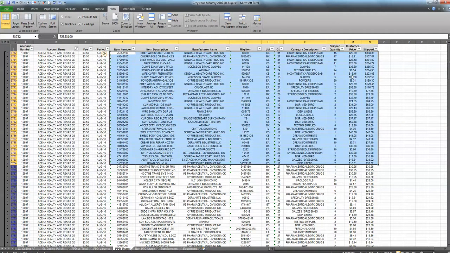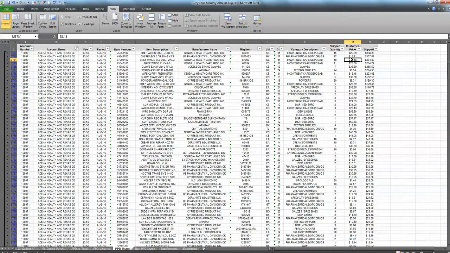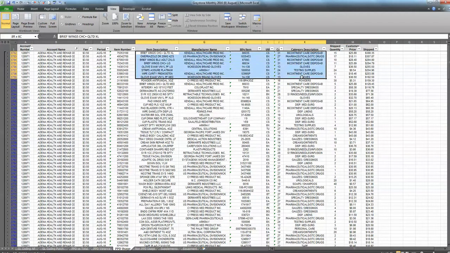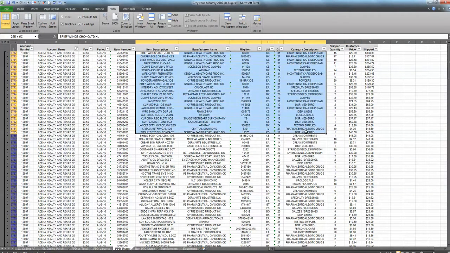Looking here, you can see that it is descending by dollar amount, so the most expensive items that we've purchased are going to be listed on top. And this will allow us the opportunity to see what we're spending the most of our money on and identifying areas of improvement so that we can help control our inventory and our overall request for goods.